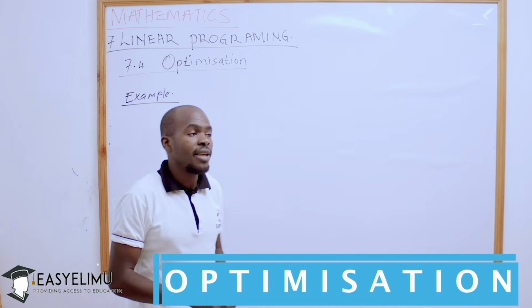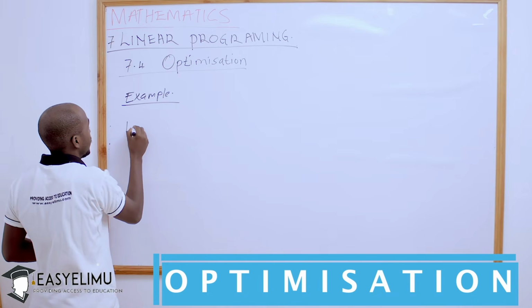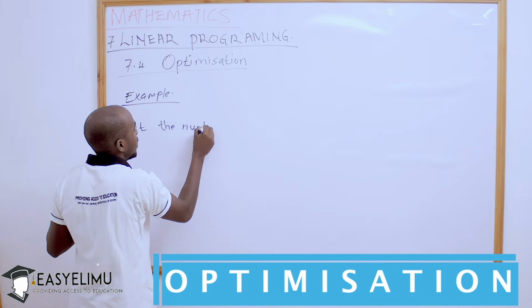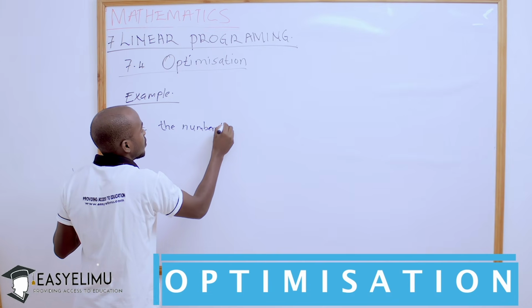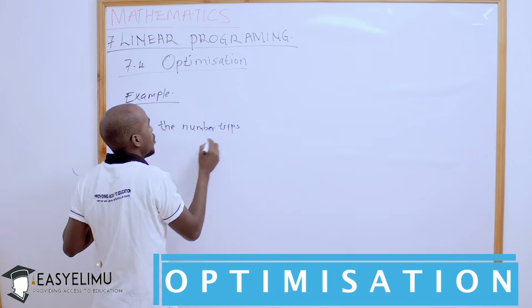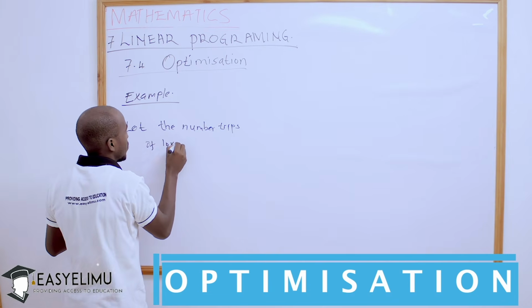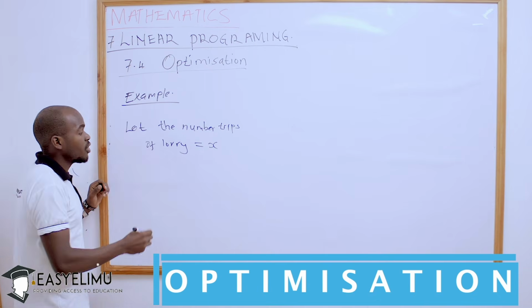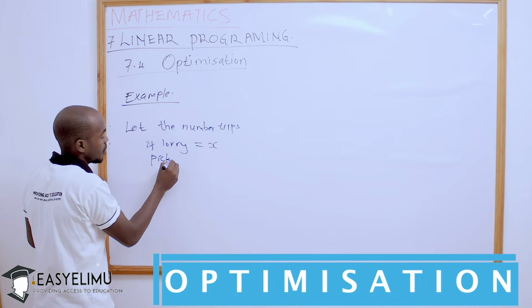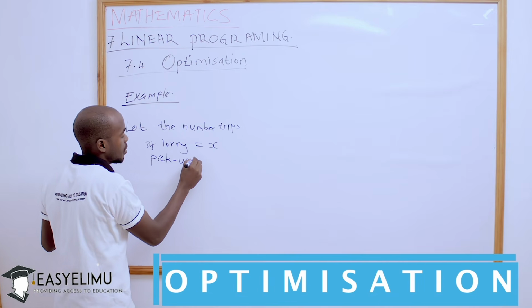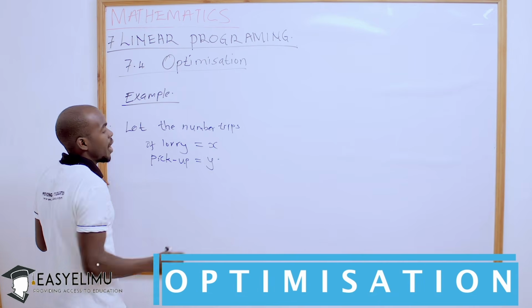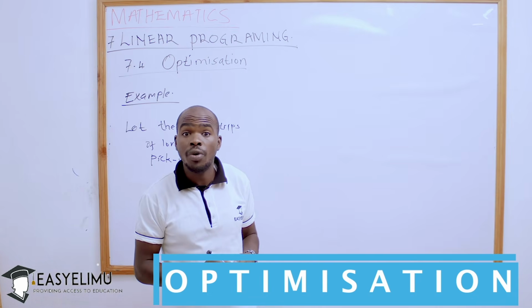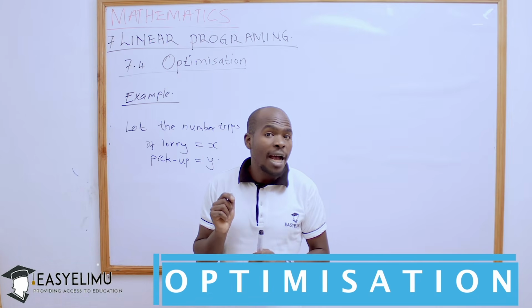So we shall say let the number of trips of lorry be equal to x, and that of the pickup be equal to y.